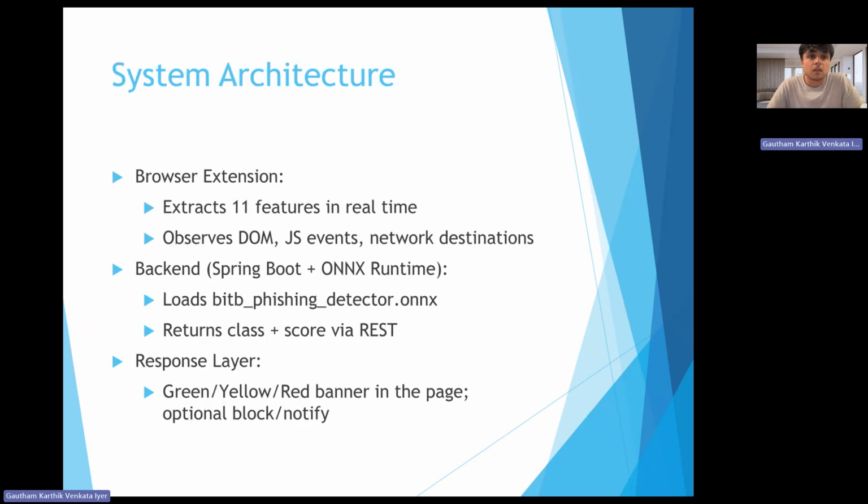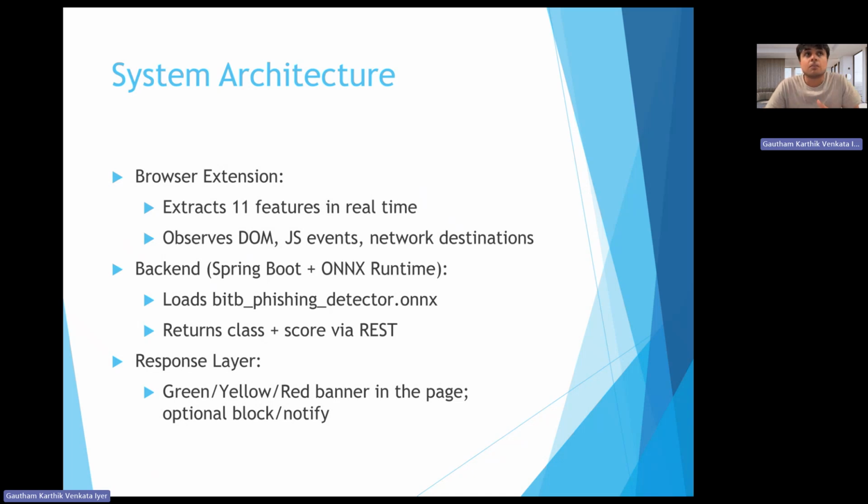Coming to the architecture, as I said, there will be 11 features observing the UI, the JavaScript, and the network, and also the backend with the Spring Boot framework, with Java objects mainly, and an ONNX model, an Open Neural Network Exchange model.